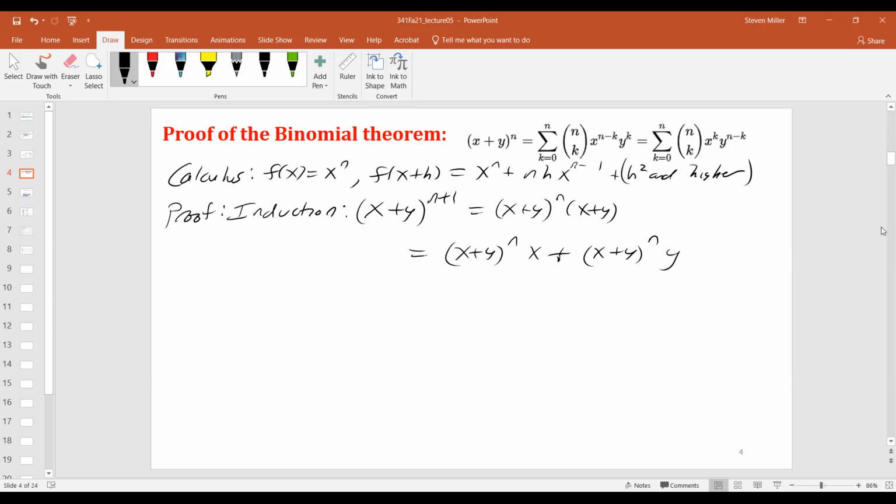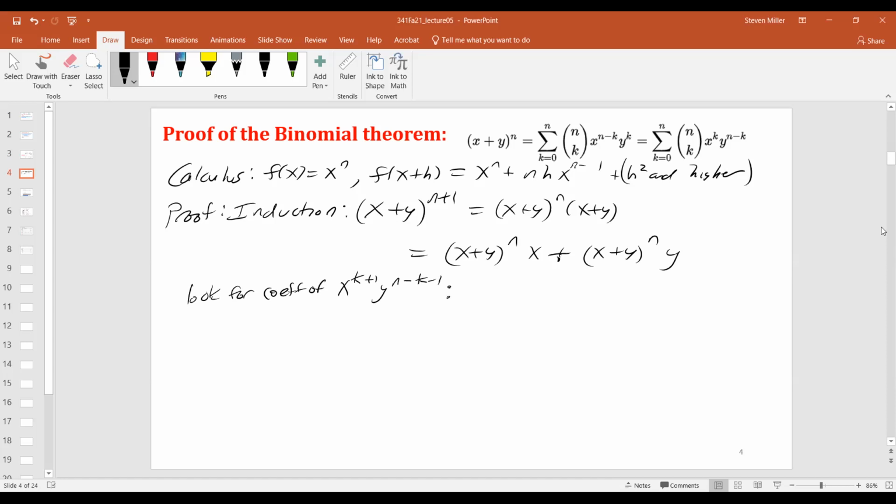And so when we look at x plus y to the n, we can then figure out what's the coefficient of, say, the x to the k plus 1 term. So, look for the coefficient of x to the k plus 1, y to the n minus k minus 1.